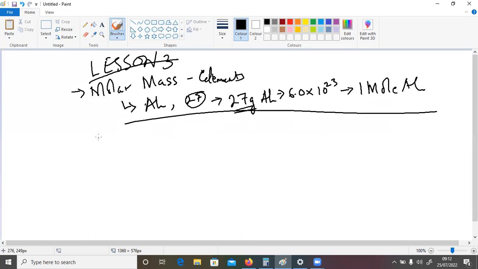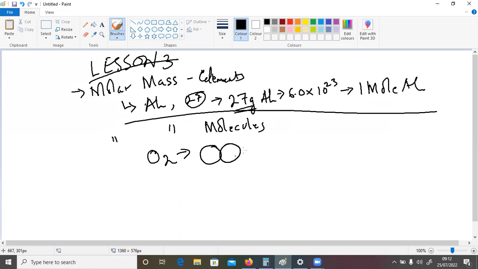Then we came to molar mass again. If you consider oxygen molecules, I think this one is in lesson 1, we found the oxygen molecule is made up of 2 oxygen atoms joined together with a covalent bond.